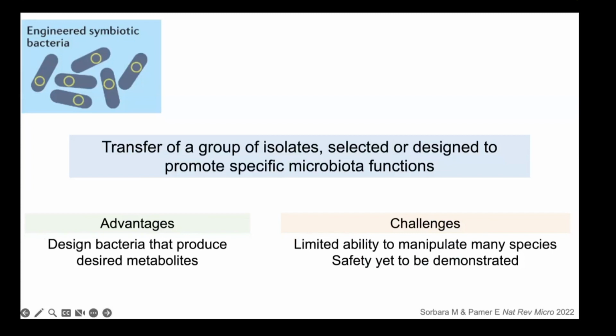I think some challenges, of course, are still figuring out how to do this, how to manipulate, which species are best to manipulate, which species would be the best vehicle for this, and safety in humans has yet to be demonstrated. So I think this is still something that's in kind of hypothesis stage.